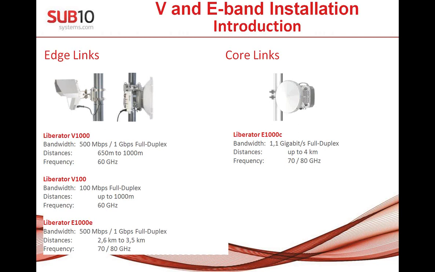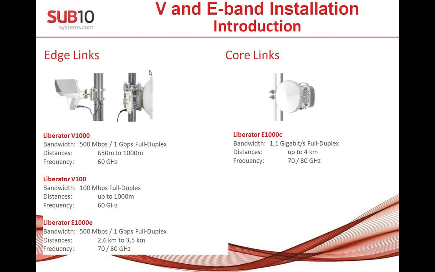The system next to this one uses a traditional microwave setup: you have an antenna, which is this part, and an ODU unit, which is clipped on the antenna. Based on the application for E-band, we have a 30 centimeter antenna, which is in this picture, and we also have a 60 centimeter antenna. The difference is that with the 60 centimeter antenna you can go for longer distances because the antenna has higher gain.